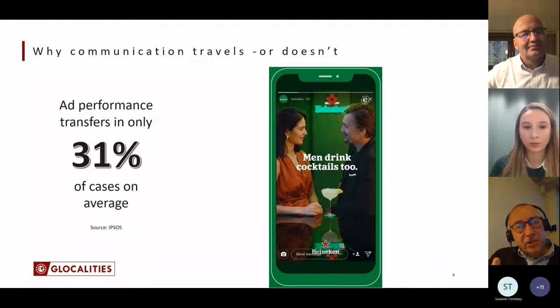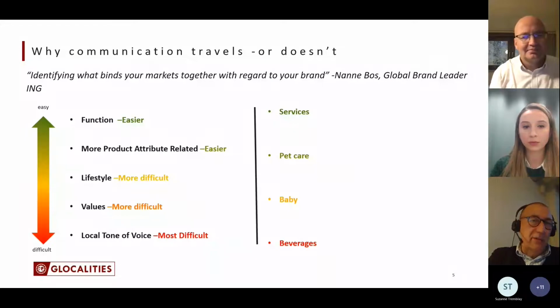At Glocalities, we try to boost that percentage with the knowledge about norms and values and the cultural differences. We think that you will be able to set up better international campaigns that take into account the cultural differences, not only between markets, but also within markets.